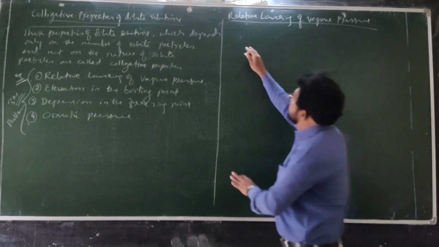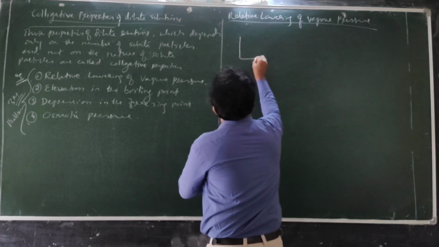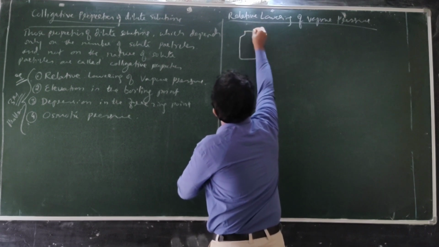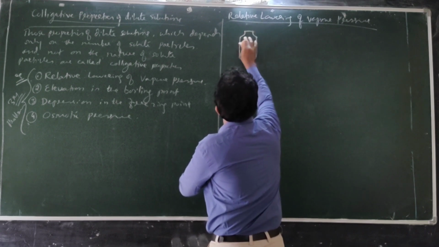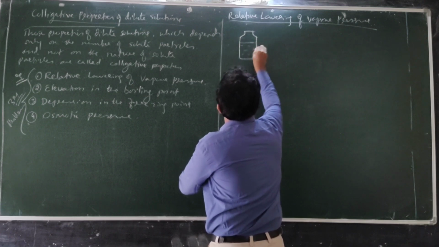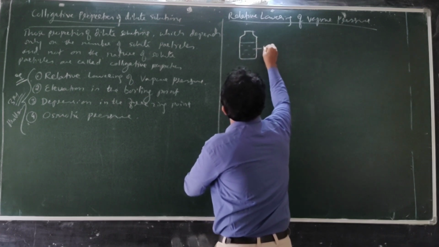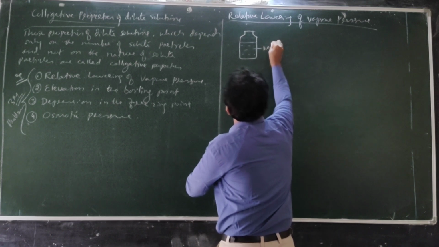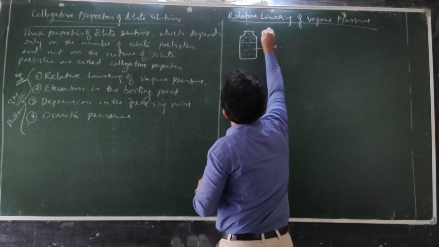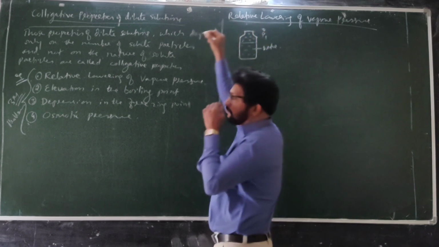See, this is a vessel having a pure solvent. Maybe water, pure water. These are the vapors of water, and the vapor pressure is P1 naught.